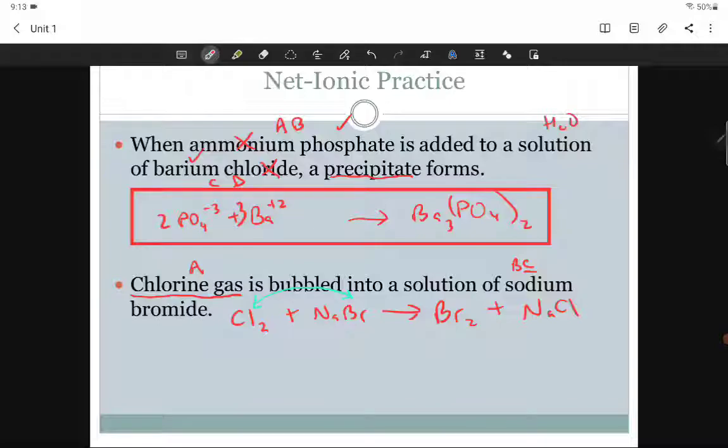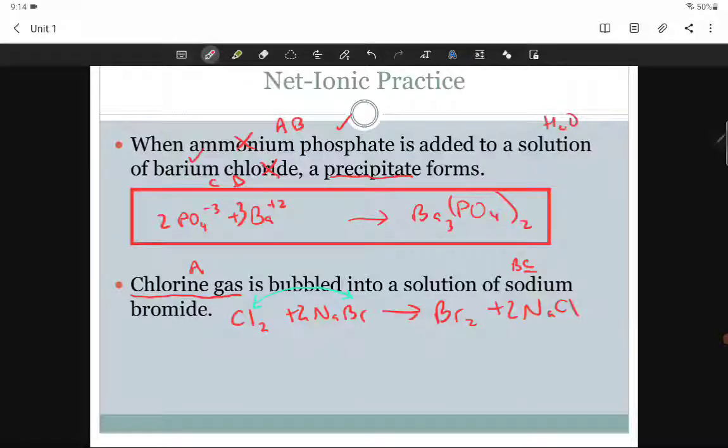Na has a +1, Cl has a -1, so you need one of each of those. But we are able to balance it. So 2 chlorines on the left, so that would give us 2 chlorines on the right. But now we screwed up the sodiums. We have 2 sodiums on the right, so we need 2 sodiums on the left, and we actually already have now balanced the bromines. That would be a good reaction, but that's not a net ionic.